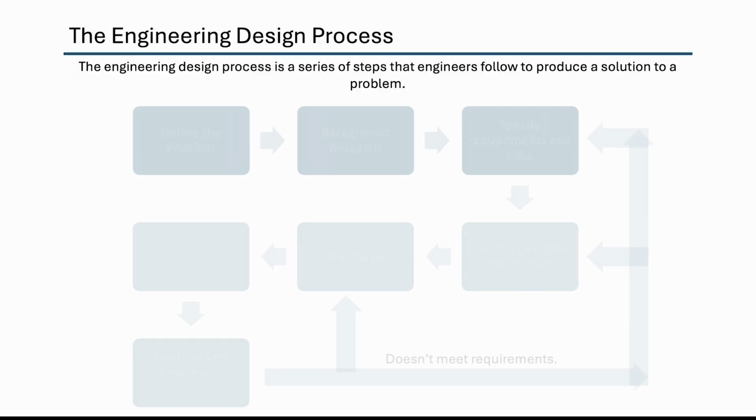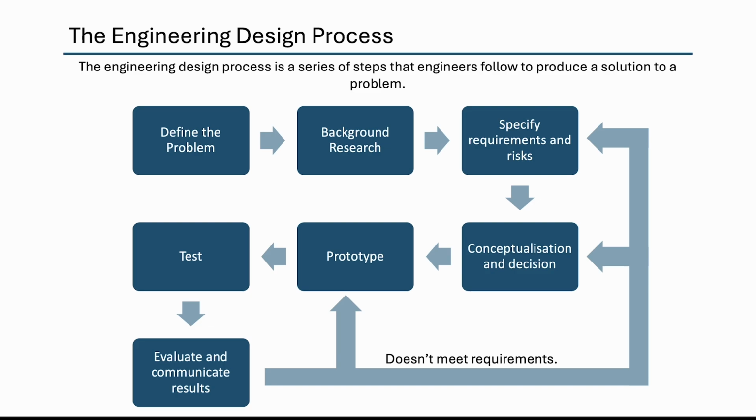So I want to introduce to you something called the engineering design process. This is a process where engineers follow a series of steps to get to a solution to a problem. This is a more structured way and gives you a place to start. This process looks something like this, where first of all you define the problem. You then do some background research into that problem, looking at all the different aspects of that problem, as well as what's been done previously to help solve this problem.